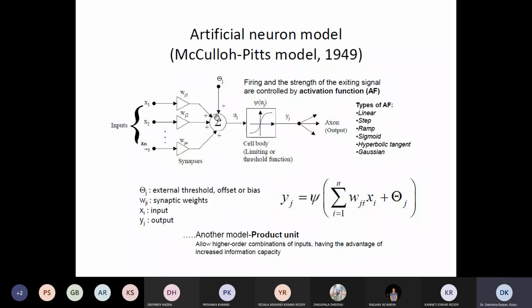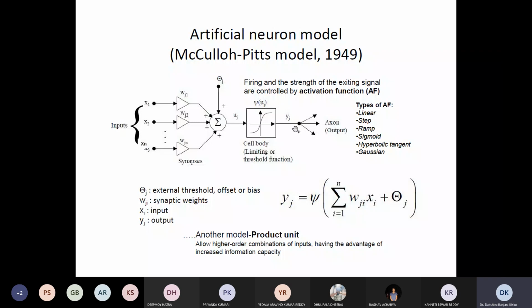When this aggregation unit generates the output as a linear combination of weights and inputs, then this cell body, the unit which is responsible for transforming the output of the aggregation to another output denoted by yj, takes it.